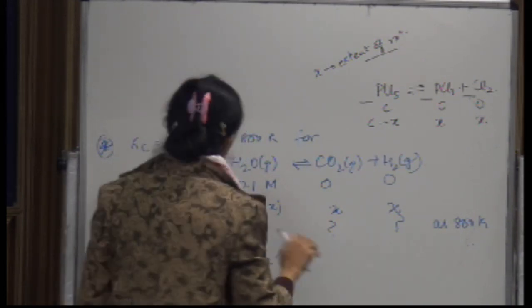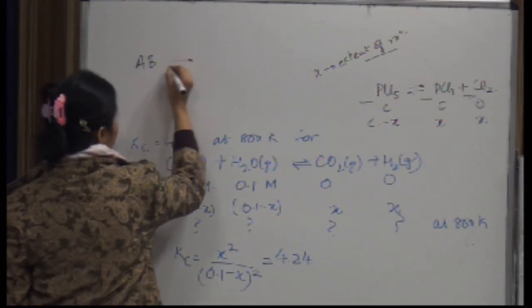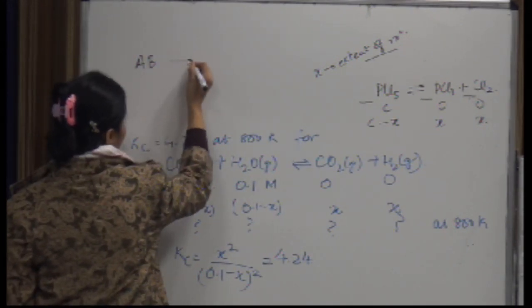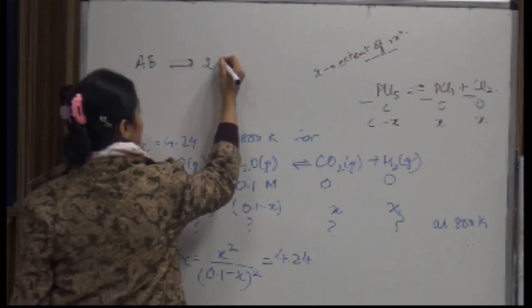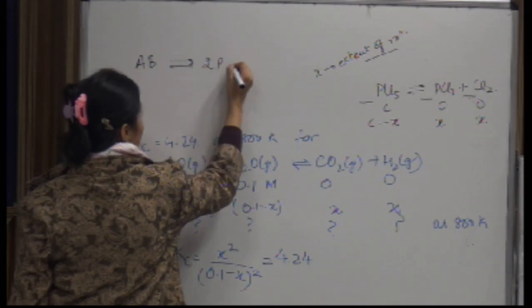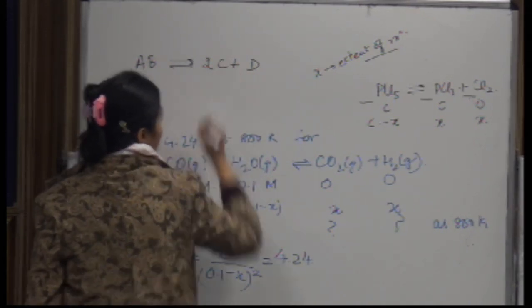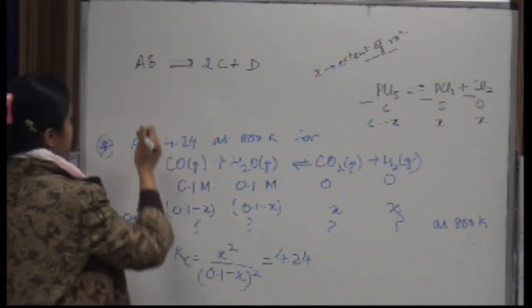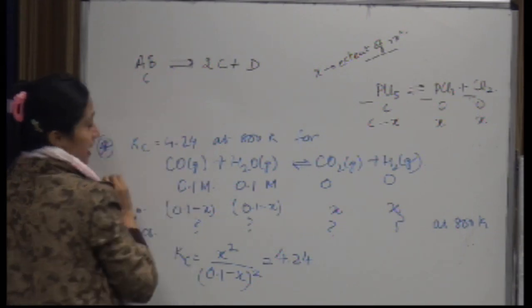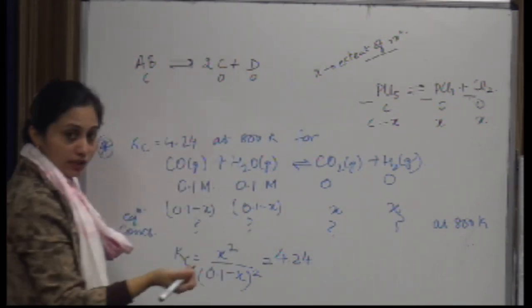Two, say if you are having AB giving 2C plus D, why should we talk of A and B only? कुछ नया बन रहा है, ठीक है? So then in that case, now you would say that if initial concentration is C, what will be that of this and this? 0, 0, क्योंकि initial तो यही रहेगी.